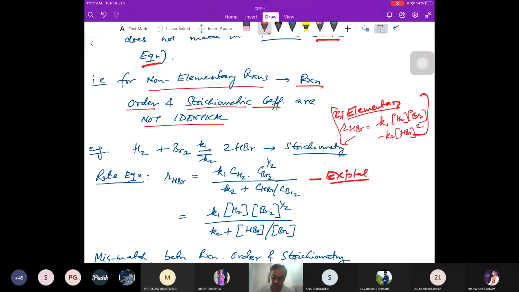समझ में आया ये कैसे आया? How did I write this? R of HBr is equal to k1 times hydrogen times bromine minus k2 times HBr squared. कितने लोग को नहीं समझ में आया ये? See, this is an important topic and you are going to get questions in exams.